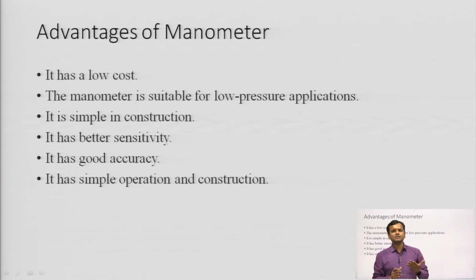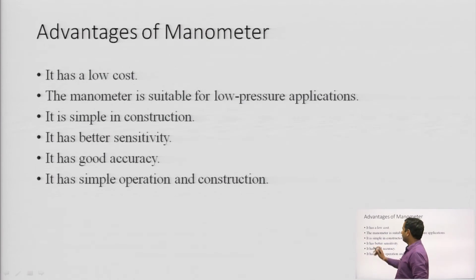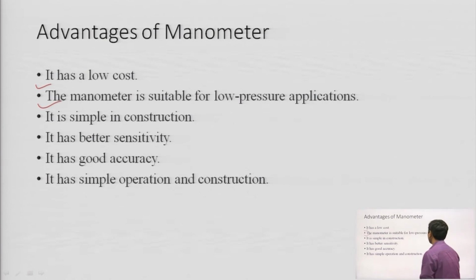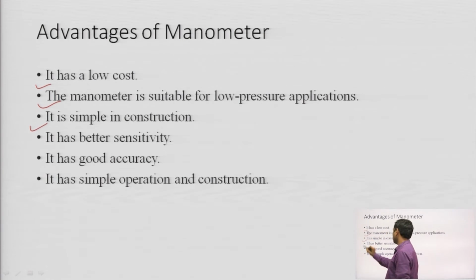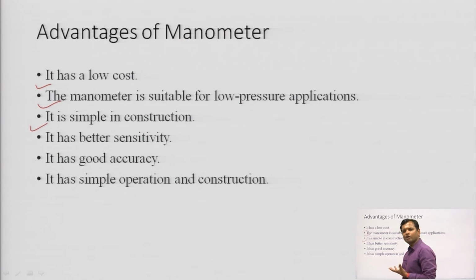So, now we can see the various advantages of manometer collectively. What are the various advantages of manometer? Firstly, it has very low cost. Second, the manometer is suitable for low pressure applications. Also, it is simple in construction, as we have seen in all categories of manometers.